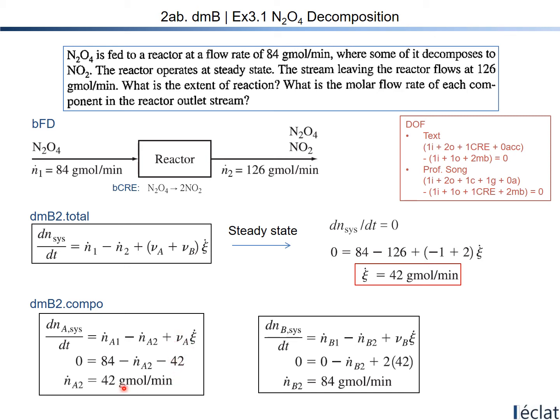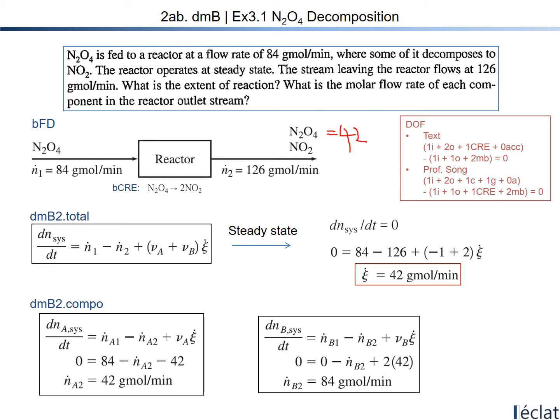Then you could calculate 42 gram mole per minute for the molar flow rate of output for component A. So this is A2, this is 42.